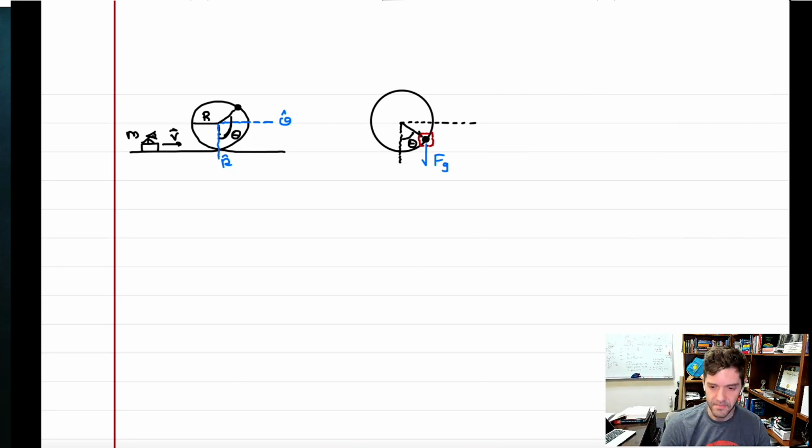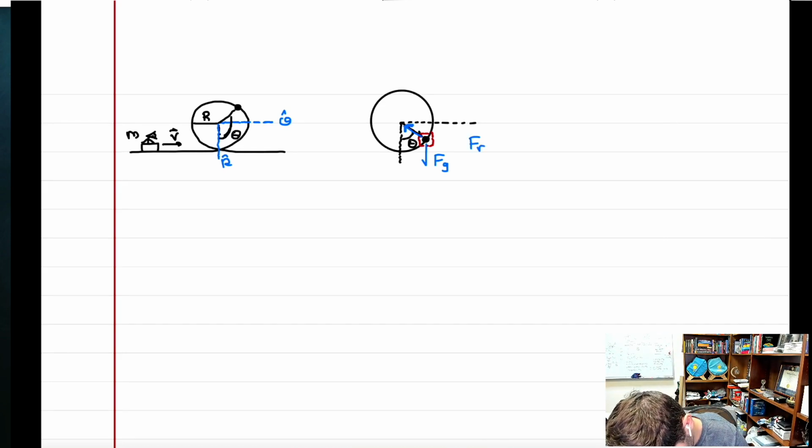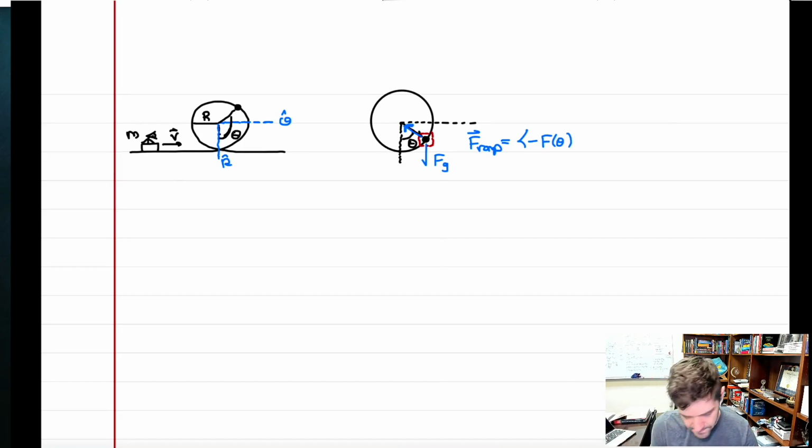And then, since I'm touching the ramp, or I guess the coaster, we'll just stick with ramp, there is a contact force between me and the ramp, where the cart is touching it, that is going to be pushing away, which happens to be, since this is a circular loop, always towards the center of the circle, which is fantastic, because then I can write F ramp is going to be something like negative F, which itself might be a function of theta.